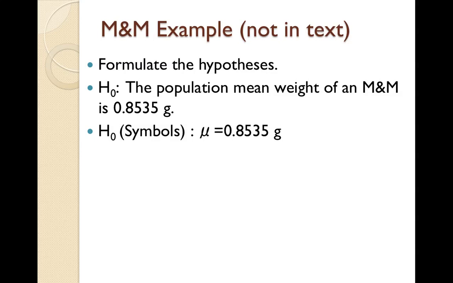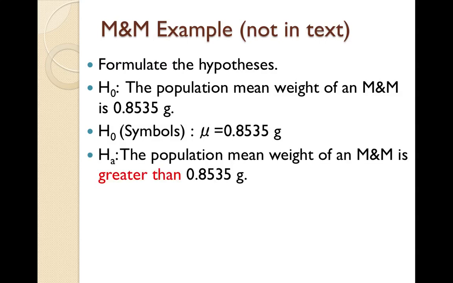The alternative hypothesis comes from the counterclaim. The manager believes that customers are actually getting more than 0.8535, and so we write the population mean weight of an M&M is greater than 0.8535. It would be just as correct if you wrote more than 0.8535.